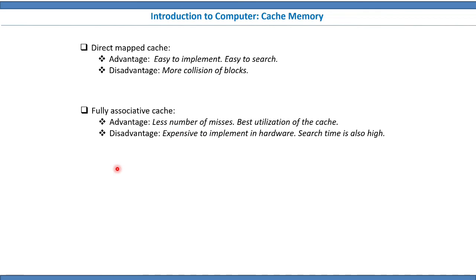But the disadvantage is the hardware overhead. If we want to search all the tags in parallel, you need a lot of hardware to implement multiple comparators. Or if you go for a single comparator, then it will be a sequential search, which will be very, very time consuming. On top of that, even if you go for parallel search with multiple comparators, one comparator for each block in the fully associative case, the time consumption will still be more than the set associative cache because of wire length.